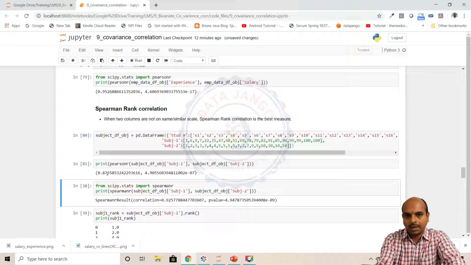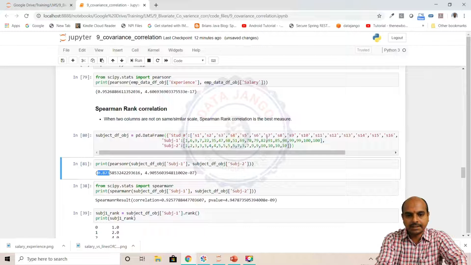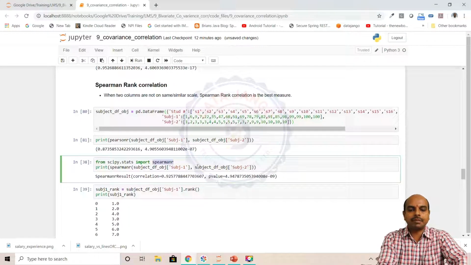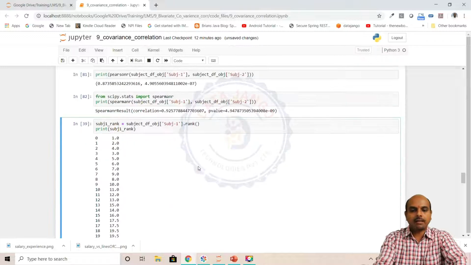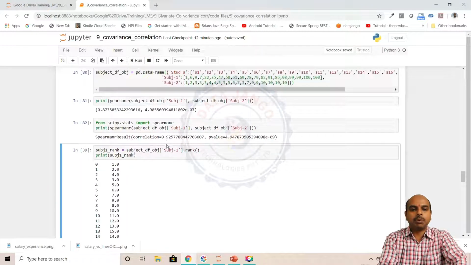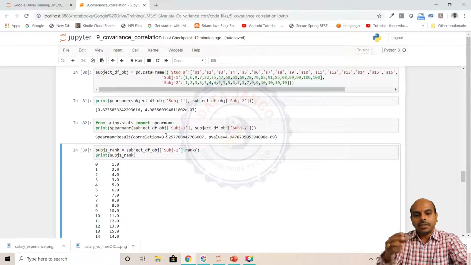It's kind of close to 1, but this is not reliable because the scales are different and we have taken Pearson R. But if you calculate Spearman R for the same two subjects, I've got 0.92, right? That means the strength is more.